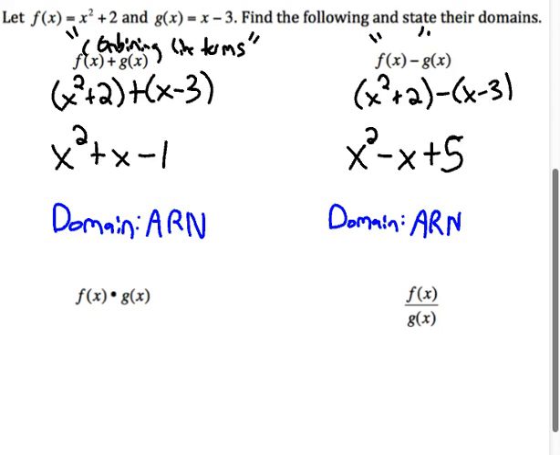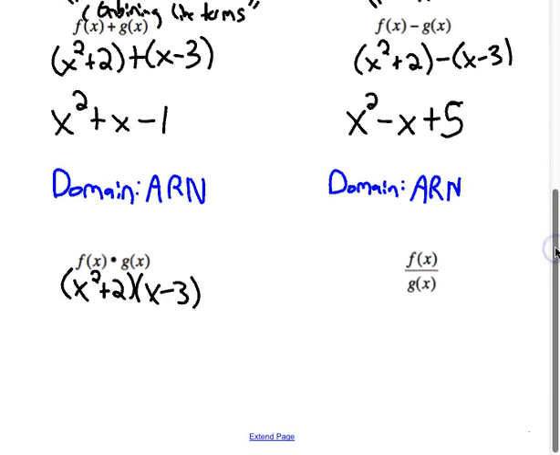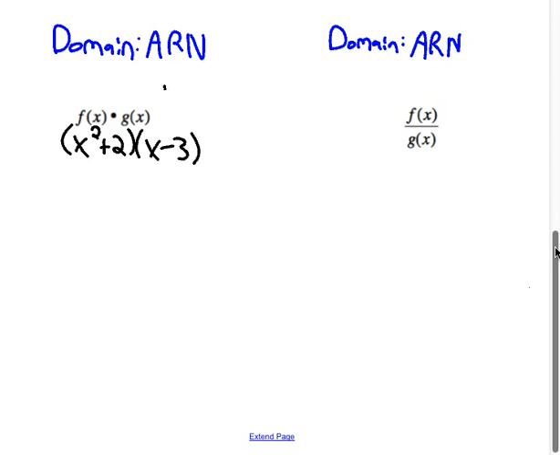Multiplying. So here I'm going to have x squared plus 2 with x minus 3. When I see something like that, I hope you recall the key here is foiling. Make sure you FOIL this together.